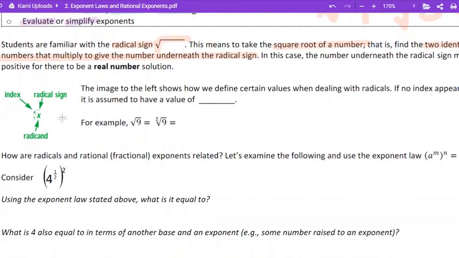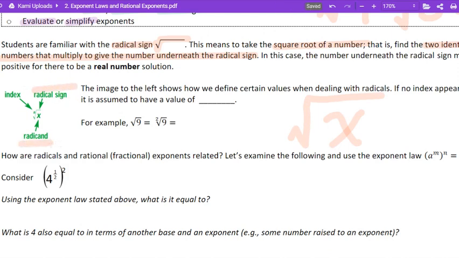All right, so the image to the left shows how we can define certain values when dealing with radicals. So we have the radical symbol, or radical sign. Under the radical symbol, whatever is there is called the radicand.